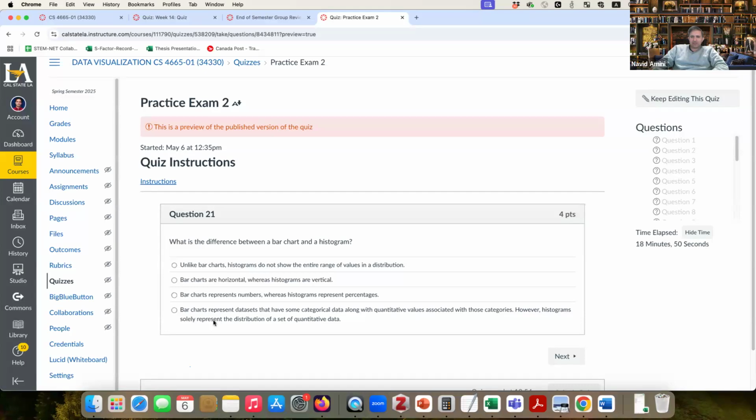But when it comes to histograms, you are looking at the distribution of quantitative data. There is no category in your data. You are making categories out of the distribution of your data. Do I make sense? So it's their purpose that's different.